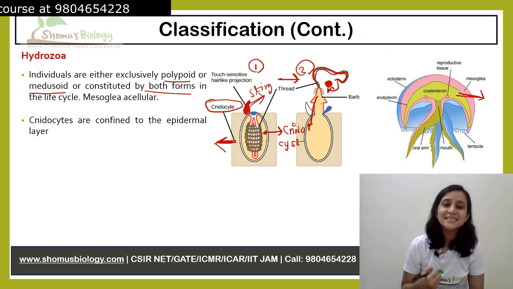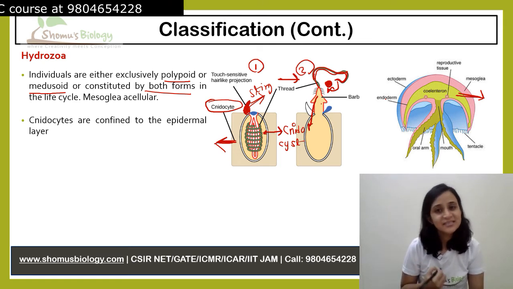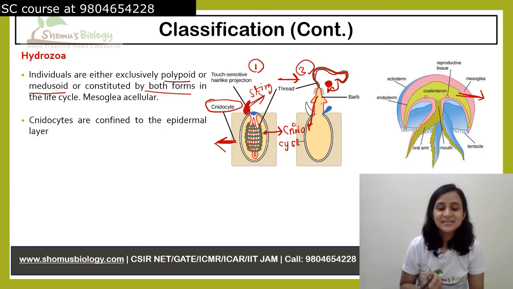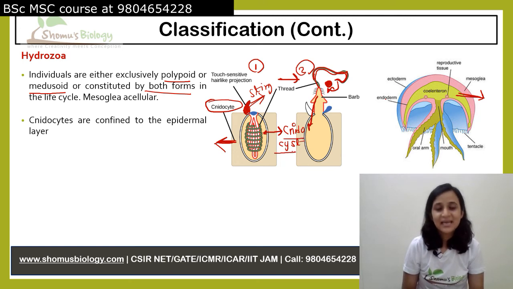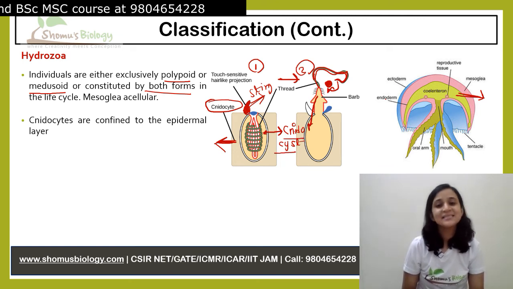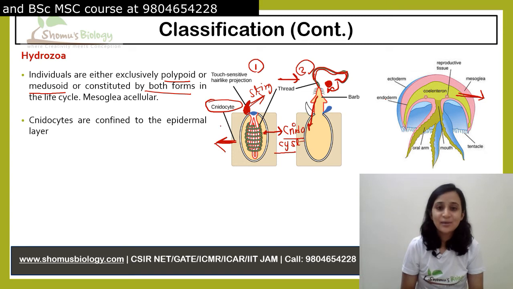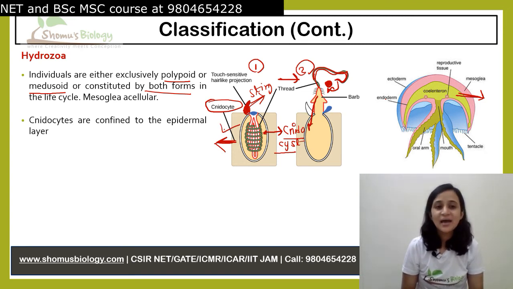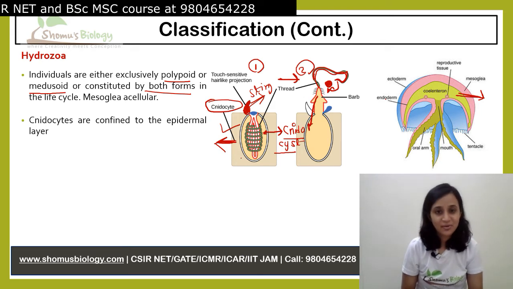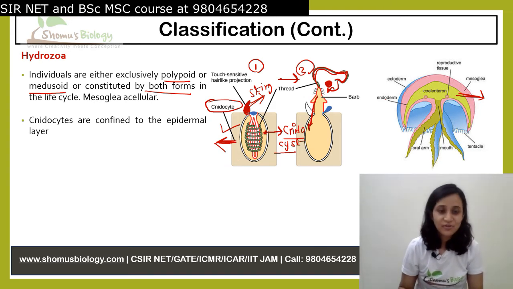Sometimes it is used as a defensive organ also. That sting is found inside the cnidocyst, and the cnidocyst is found in the cnidocyte. Cnidocytes are confined to the epidermal layer, or outer layer, of the body.